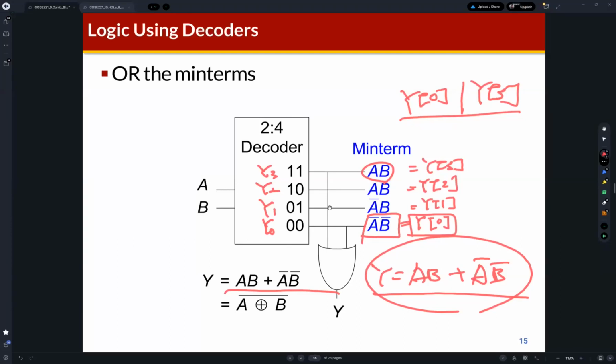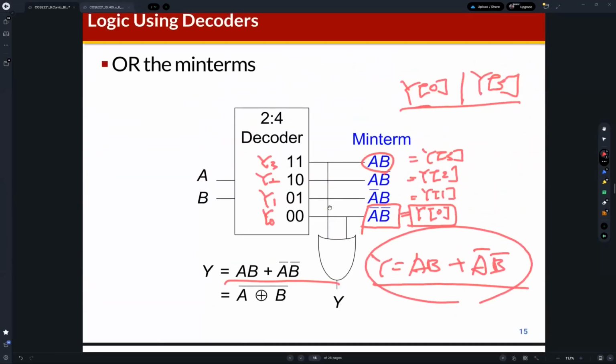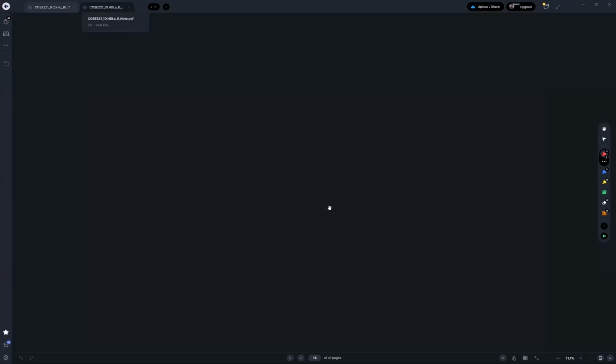It's very simple. So using a decoder, you can build SOP form combinational logic. Okay, and the decoder is very simple. I believe you can easily understand the decoder.